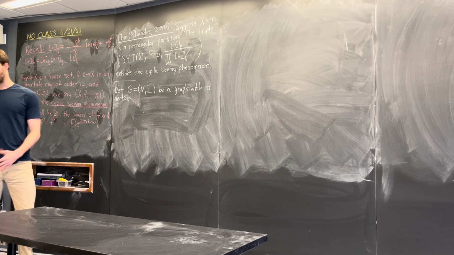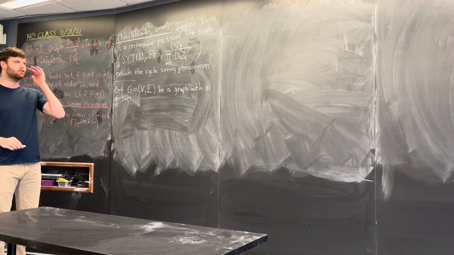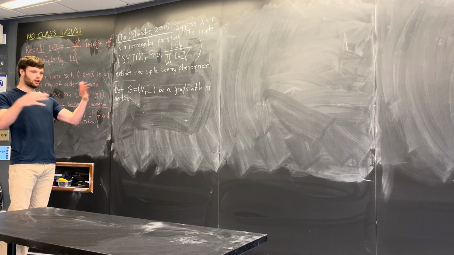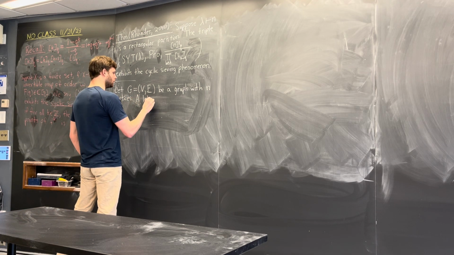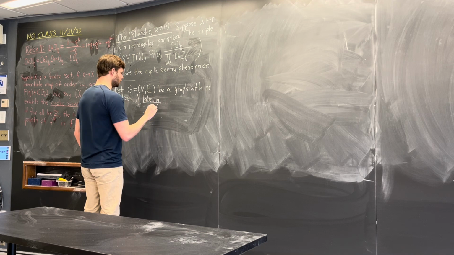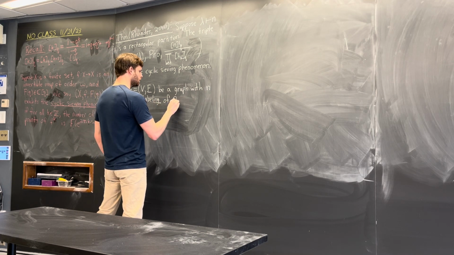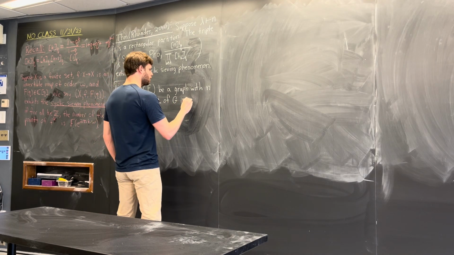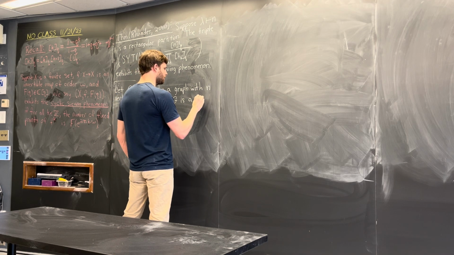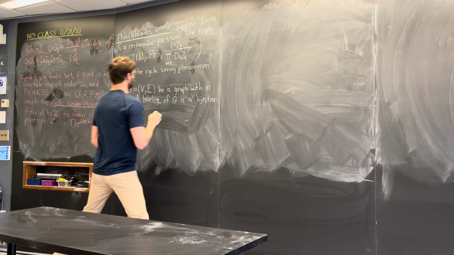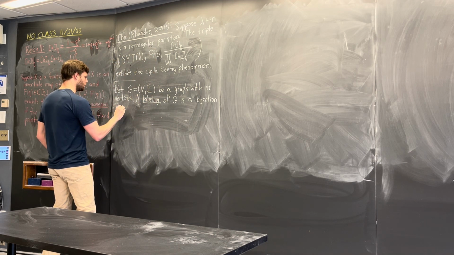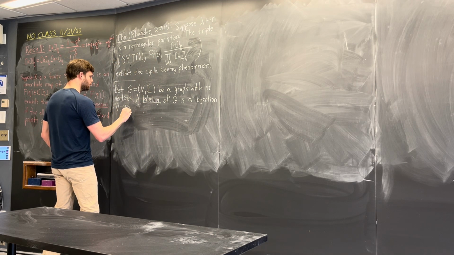So I'll define a labeling of G to just be a bijection from the vertex set to the numbers from 1 to n. So a labeling of G is a bijection from V to bracket n.